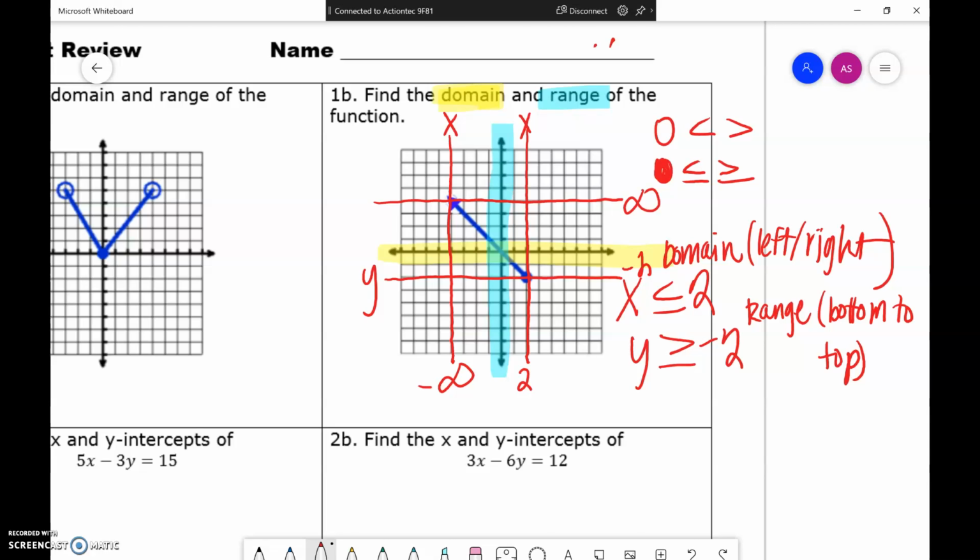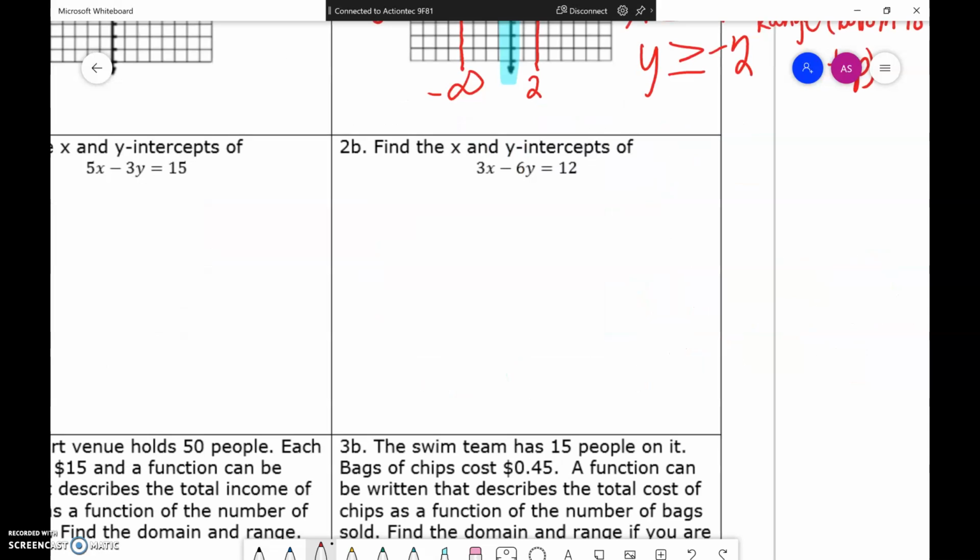2B, we have our x and y intercepts. So you know when you have an x-intercept, your y value is going to be 0. So I'm going to be substituting in 0 for y. And when I do my y-intercept, my x is going to be 0. Okay?